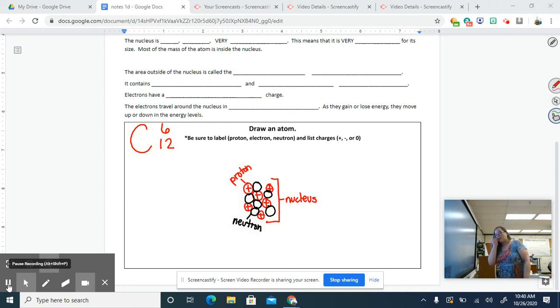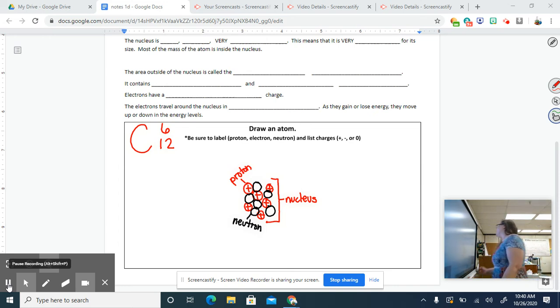All right, so now we need our electrons. Typically, in a stable atom, it has the same number of electrons as it has protons. Otherwise, it becomes an ion. It has a charge because it has more protons than electrons, or it has more electrons than protons, and it becomes a negative ion. But if this is a standard neutral atom, not an ion, it's going to have 6 electrons.